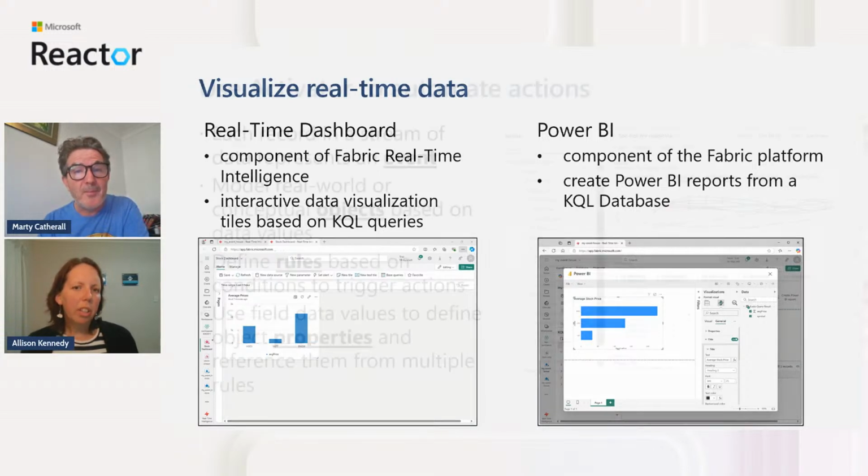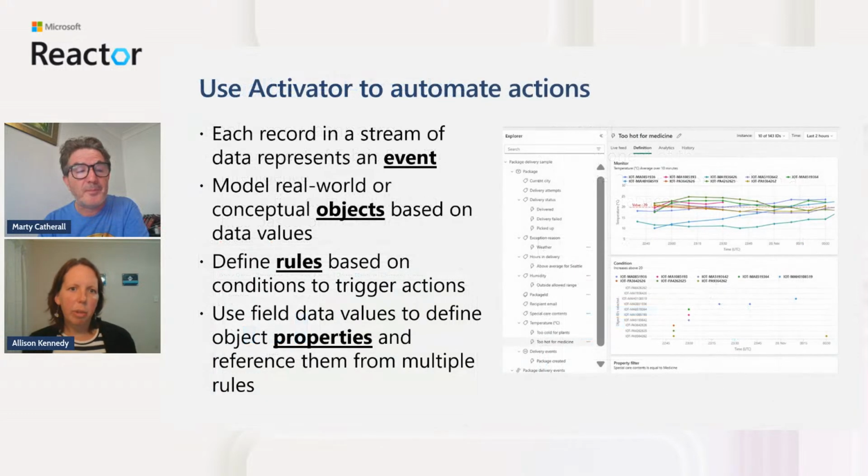Well, that's what I really like about, and I think our next slide talks about Activator. With the way Power BI used to be, you needed a tile or a visualization that was focused only on one metric to be able to set alerts on. But now with Activator, you can set an alert on any visualization that you're using in the Power BI world.